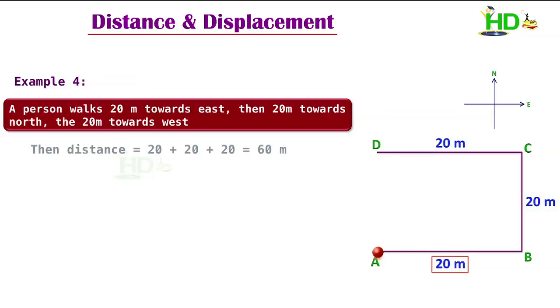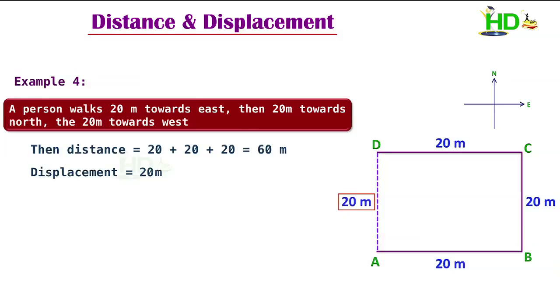This is equal to 20 plus 20 plus 20, and this is equal to 60 meter. And the displacement is nothing but the shortest distance between these 2 points. This is initial and this is final. The shortest distance between A and D, this is the displacement, which is equal to 20 meter.